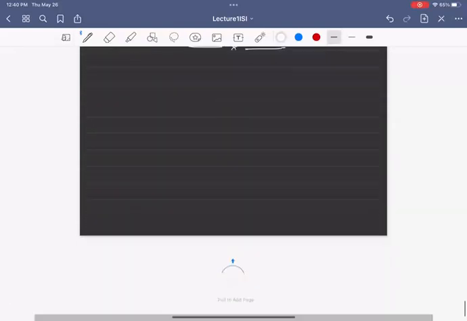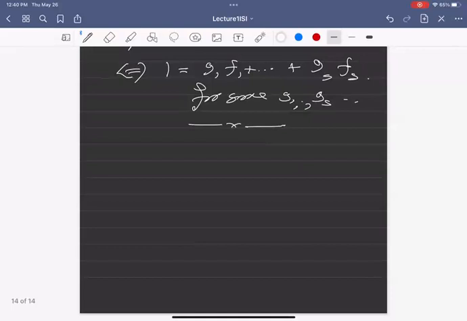I want to now go to the strong Nullstellensatz. Are there any questions so far?